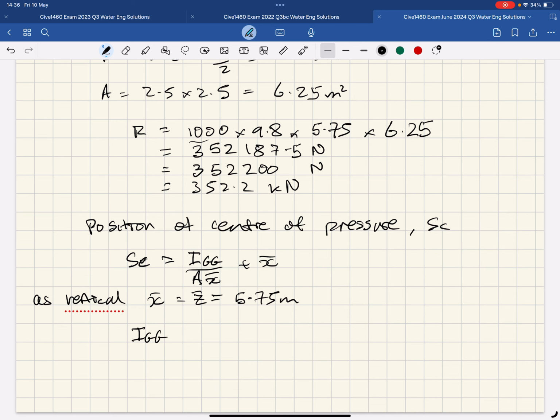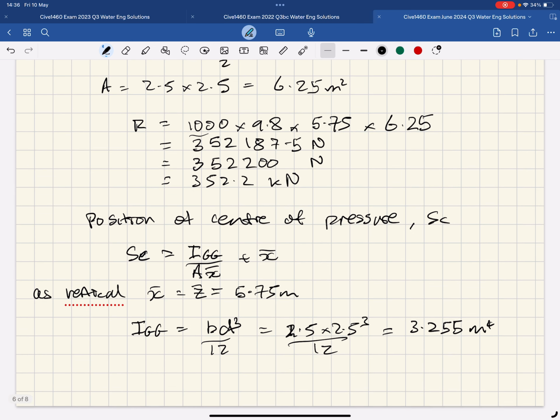IGG for a rectangle is BD cubed over 12. We can look that up in a table. 2.5 times 2.5 cubed over 12, which works out as 3.255 meters to the 4.